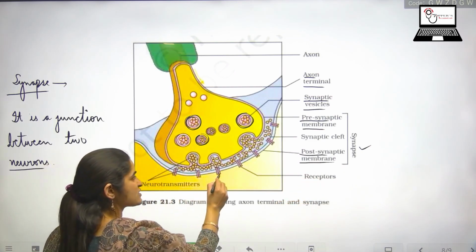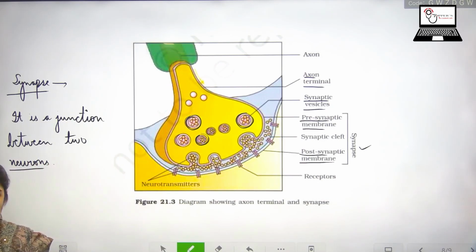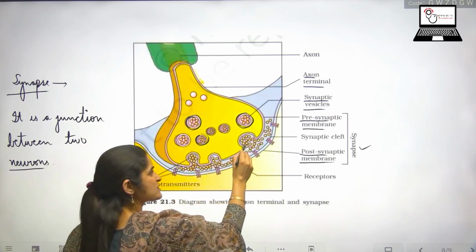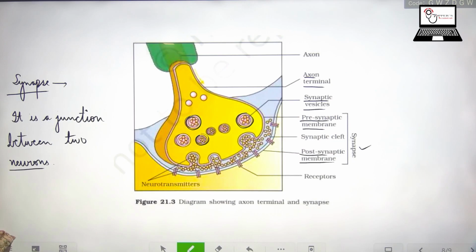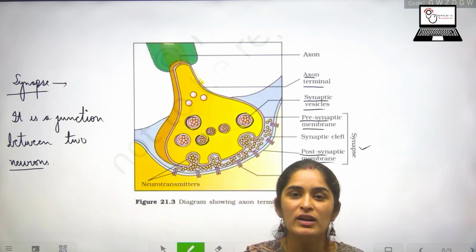And these are the receptors which are present on the postsynaptic membrane, and inside the synapse there are chemicals known as neurotransmitters. So the signal may be chemical or electrical.